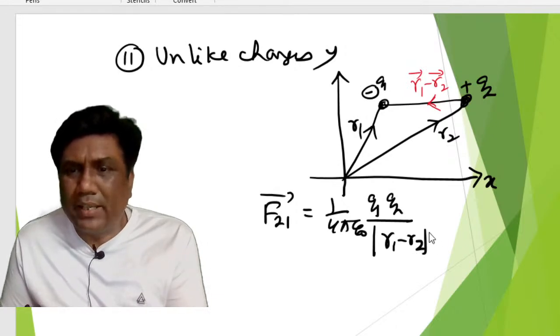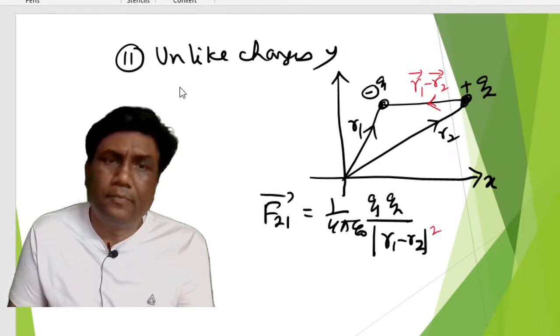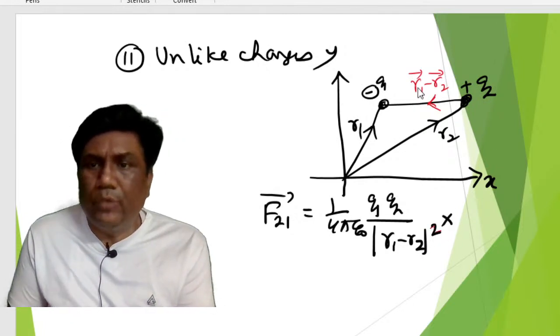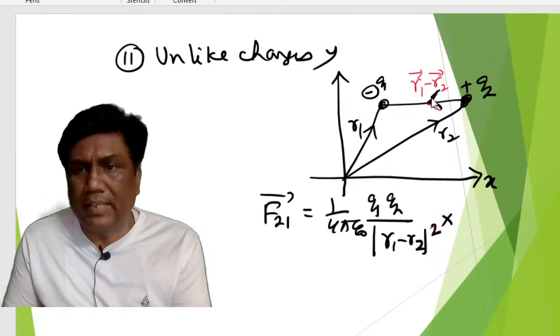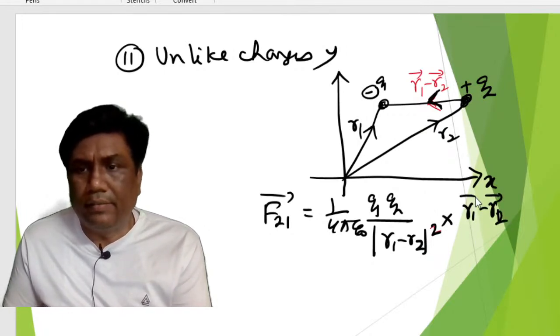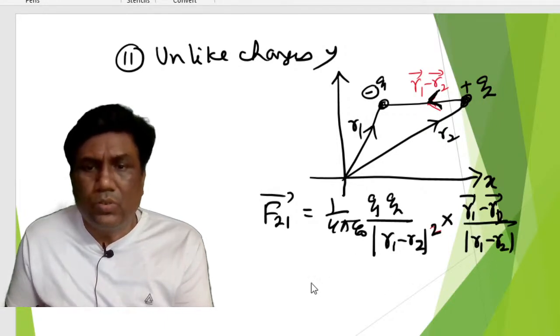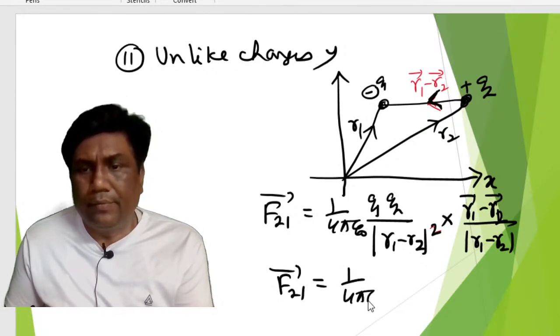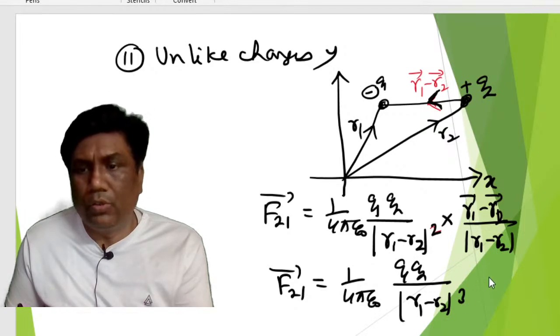That is why I have written r1 minus r2 whole square, into the unit vector along this line. That is nothing but r1 minus r2 divided by its magnitude. We have already discussed this in the previous part also. If you want, you can simplify it a little bit: 1 by 4 pi epsilon naught, q1 q2 by the magnitude of r1 minus r2 whole cube, times r1 minus r2.